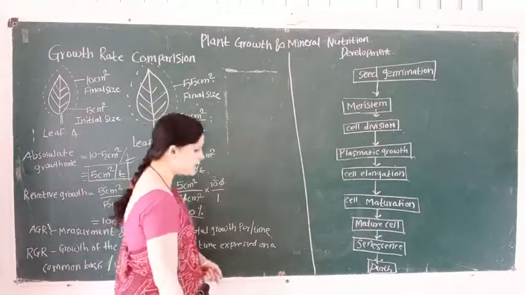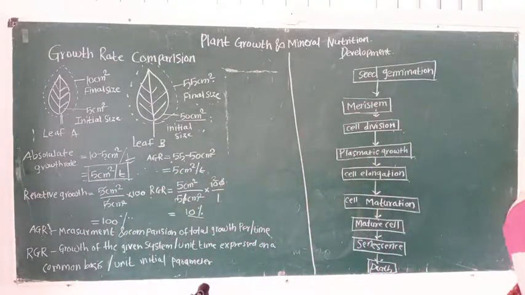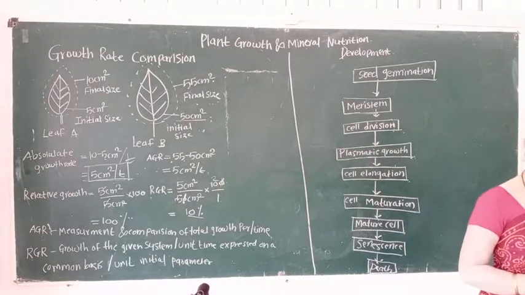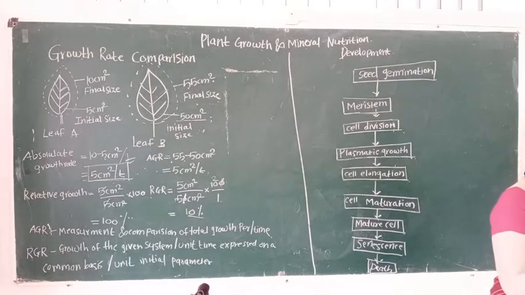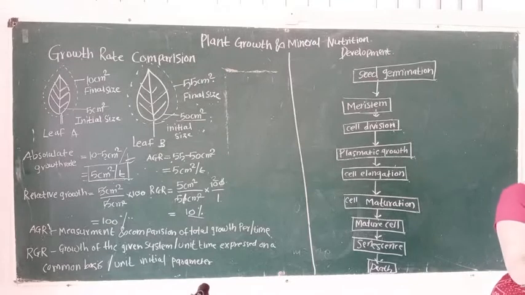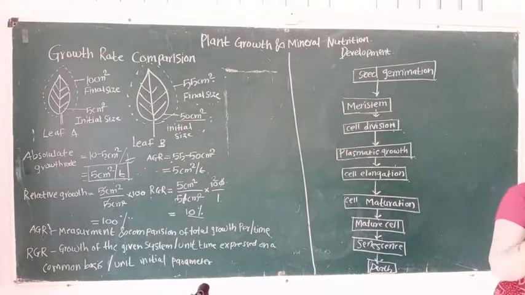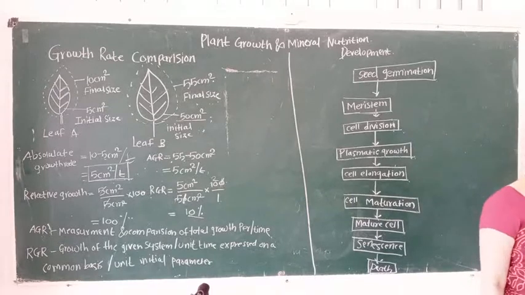So what is the RGR in leaf B as a percentage? 10 percent. In leaf A, what is the RGR? 100 percent. And in leaf B, the RGR is about 10 percent.